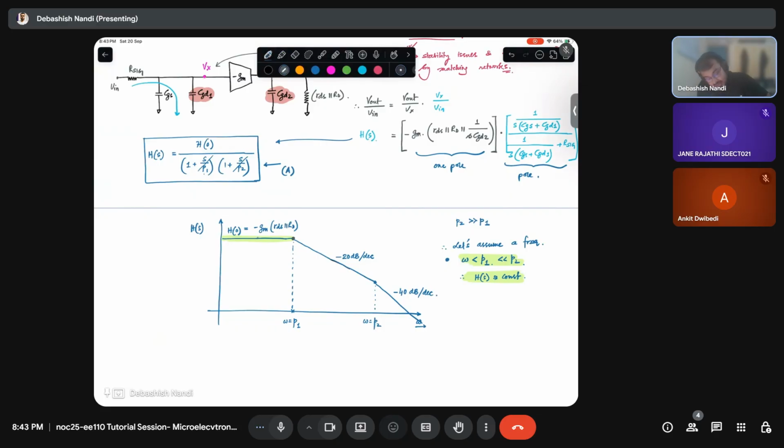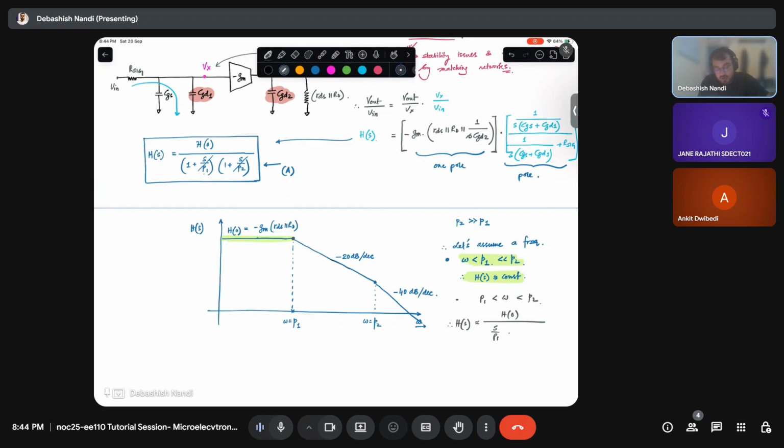Similarly, let's say I am taking P1 less than omega less than P2. Then my H(s) can be approximated as 1 plus s by P1. I can simply consider s by P1 because that will be more than 1, since s is nothing but jω.